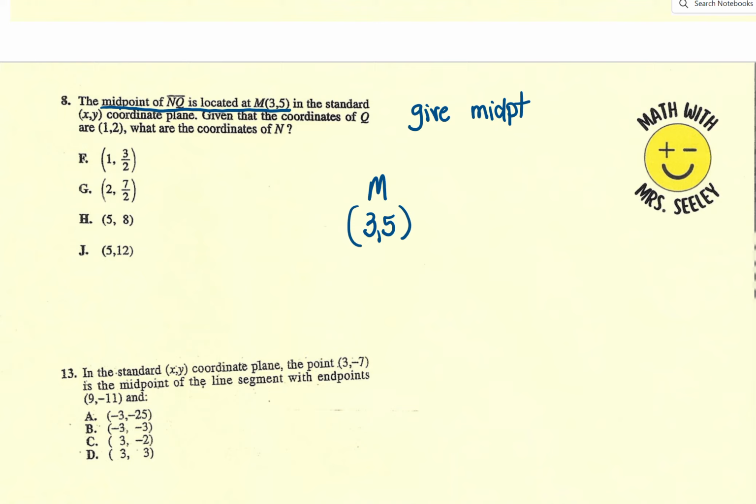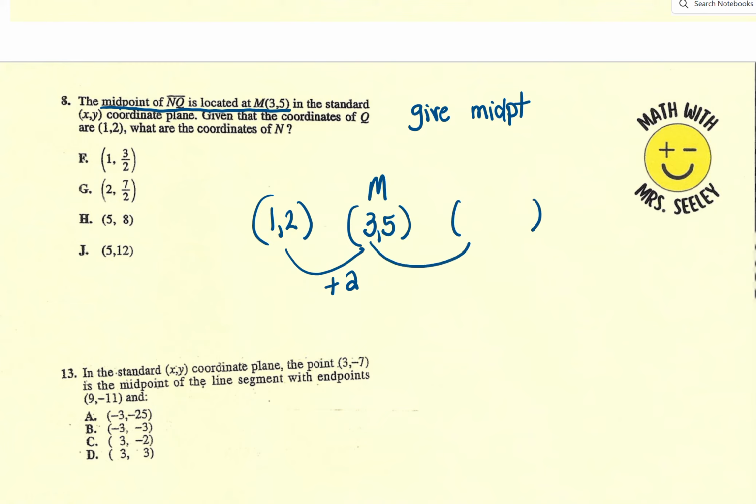It doesn't matter if you put the (1, 2) over here and do the math, or if you put the (1, 2) over here and do the math. I think it's easier to go forward rather than go backward, so I always put mine over here. So to get from 1 to 3, I can see that I'm adding 2.